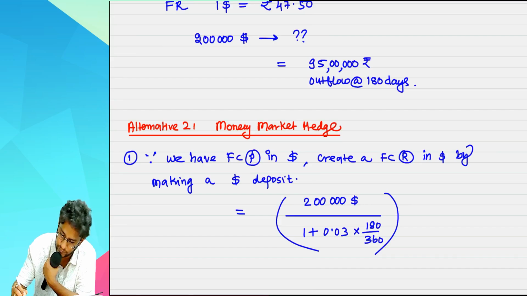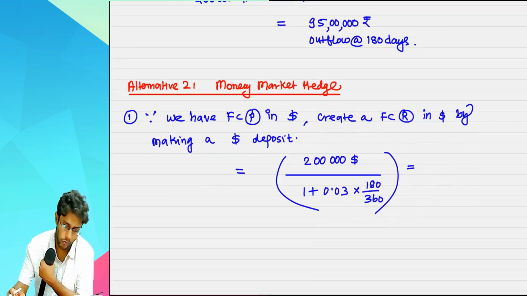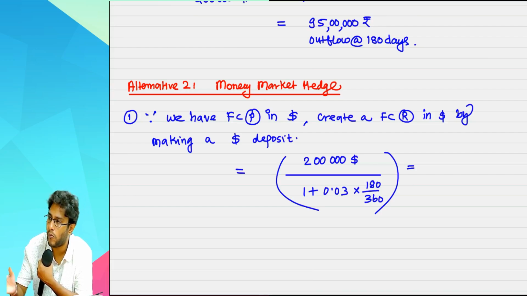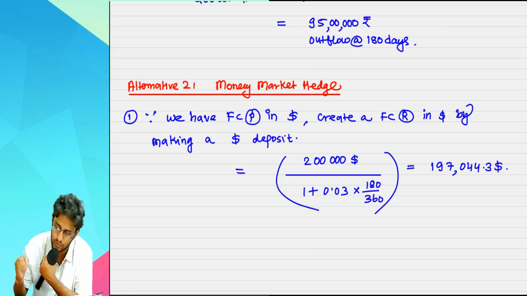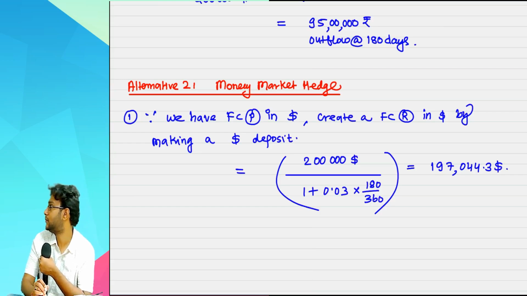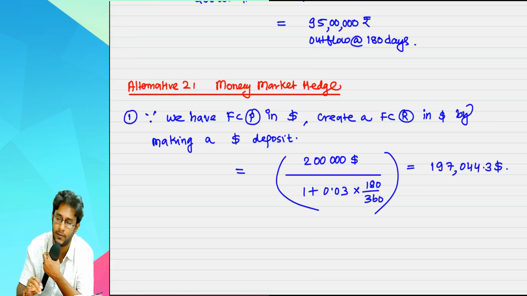Sort out this. 1.0144, okay, 0.44 point. That you leave, or else write what is your point. So from India, you have to deposit that many dollars in USA bank.